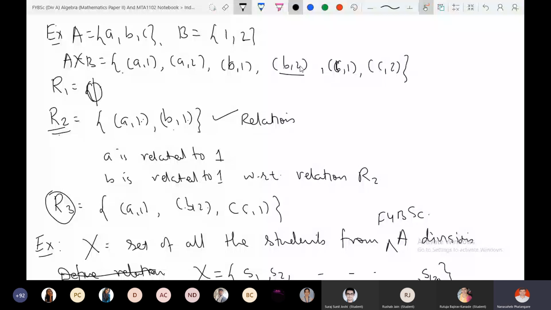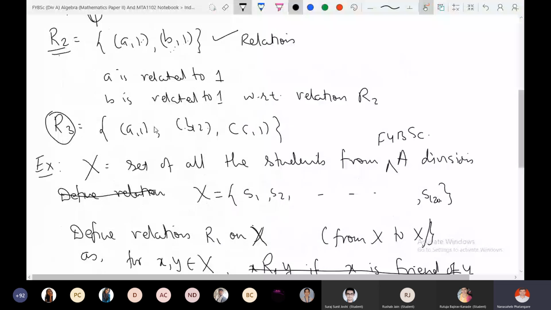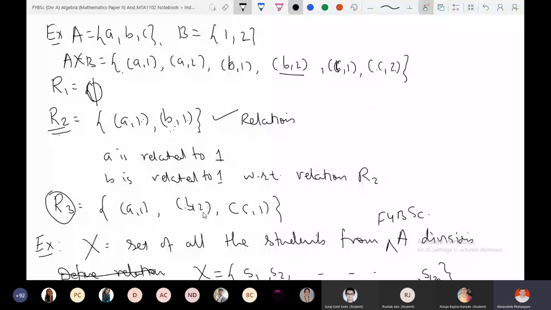Or pair C comma 2 is not in this relation R2 because C is not related to 2 with respect to this relation R2. Similarly, if you look at R3, pair B comma 2 is not here because B is not related to 2, or C comma 2 is not here because with respect to relation R3 C is not related to 2.